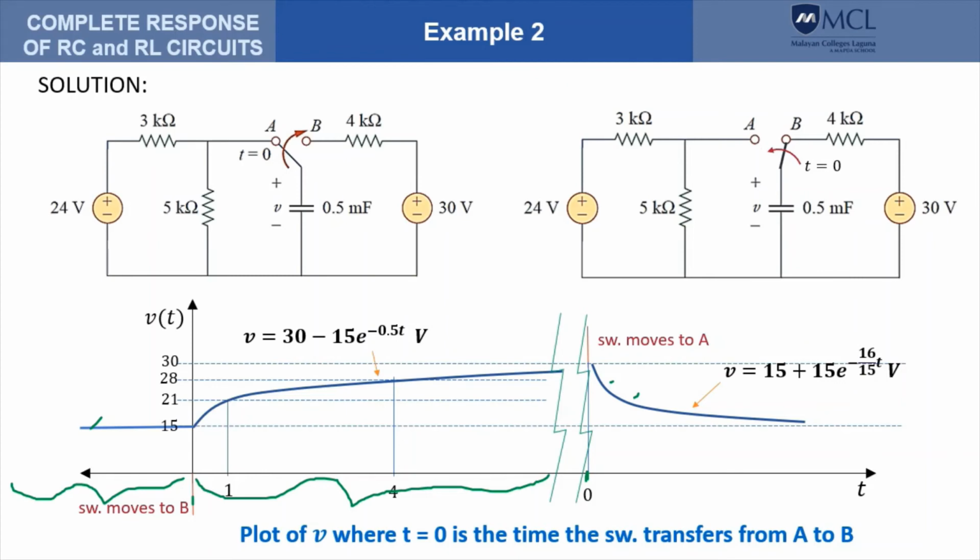So as we can observe, the voltage starts at 15 volts, then it increases to 30 volts, but eventually returns back to where it began, which is 15 volts.